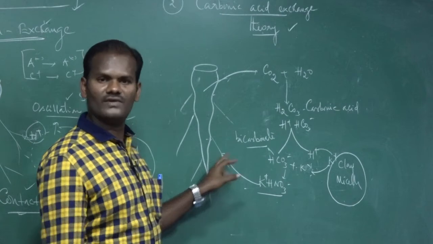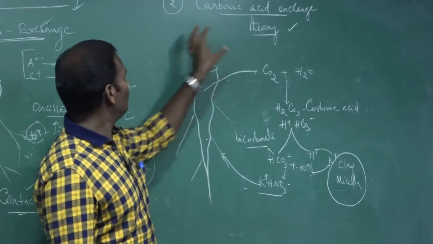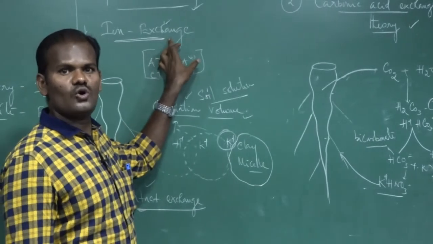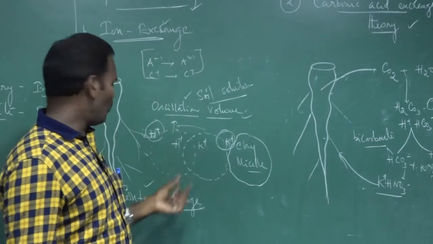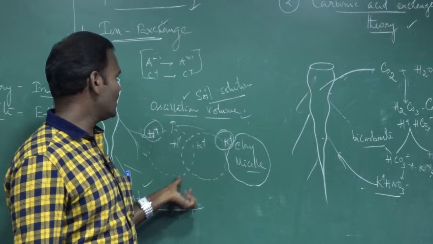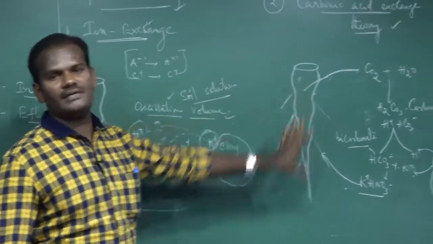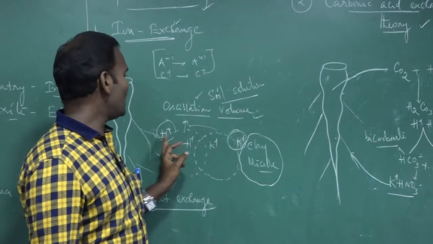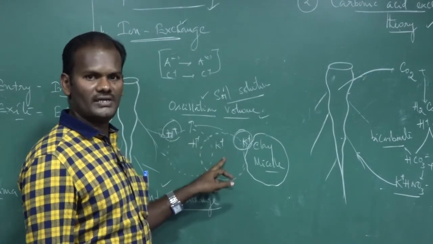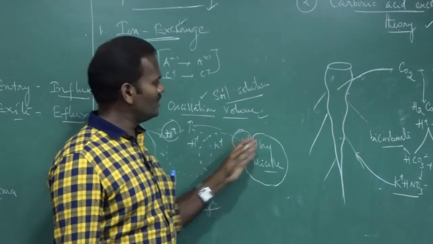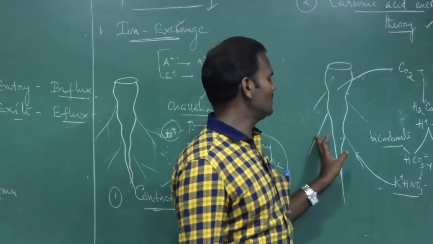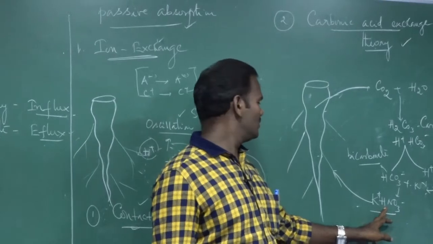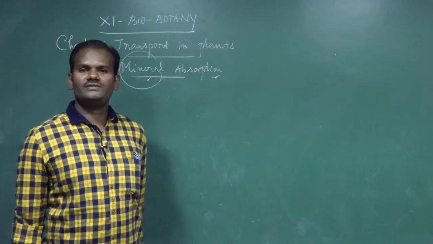So ion exchange is explained through two theories. One is the contact exchange theory, another is the carbonic acid exchange theory. In contact exchange theory, same charged ions are exchanged, and in carbonic acid exchange theory, oppositely charged ions are combined to enter easily into the root cells.